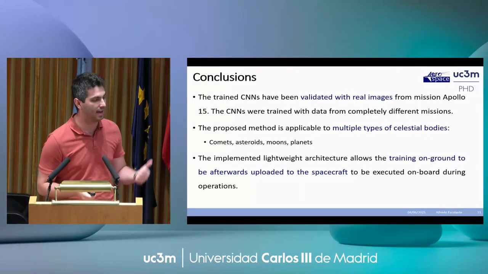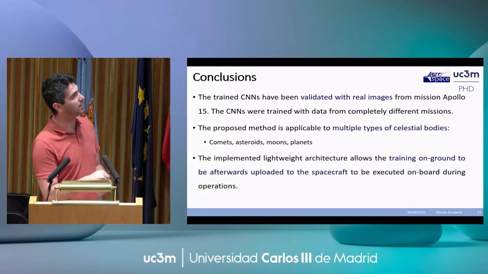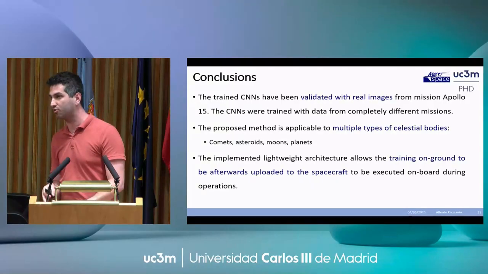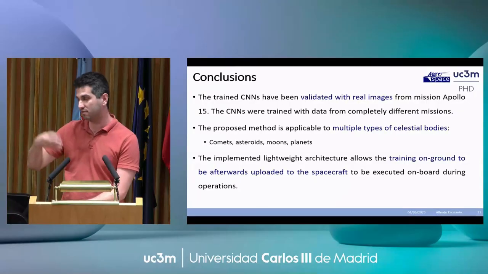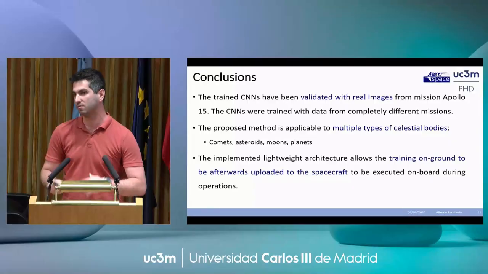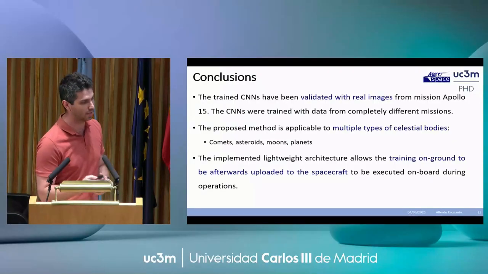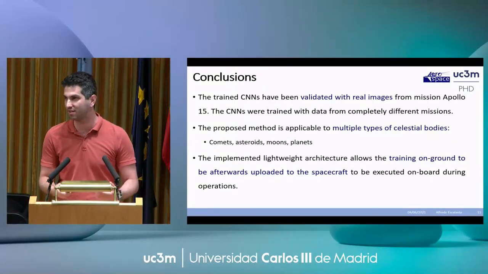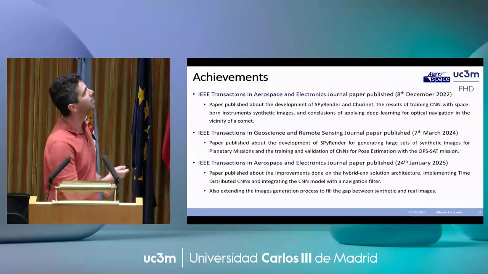And also, because the architecture is very lightweight, it allows us to train on the ground even repeated times, and then upload it to a spacecraft which is already flying somewhere, in a single ground pass, which is very convenient to retrain as we have more data, for example, in a new mission.